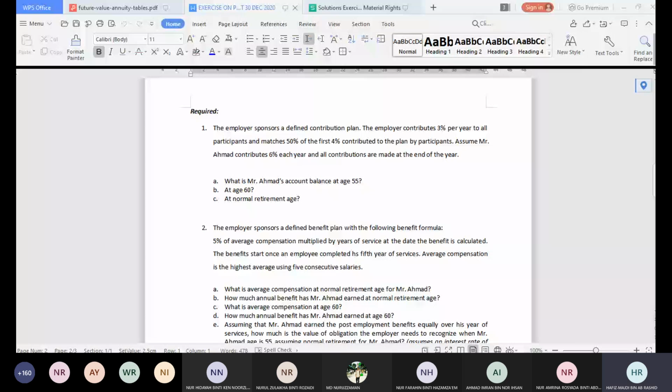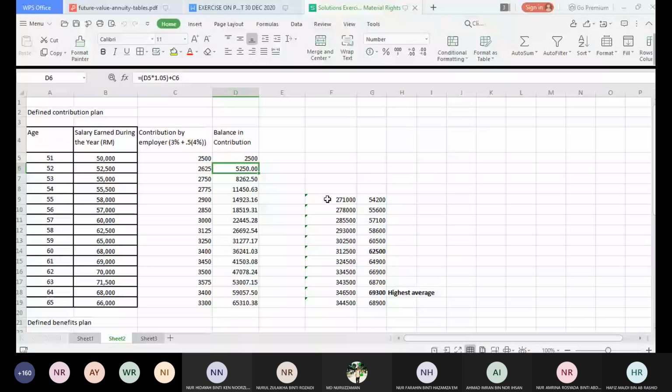The calculation of average compensation is here, the one which I have blocked. Of course you can only calculate the first average after 5 years, because you need to calculate the average according to 5 consecutive annual salaries.